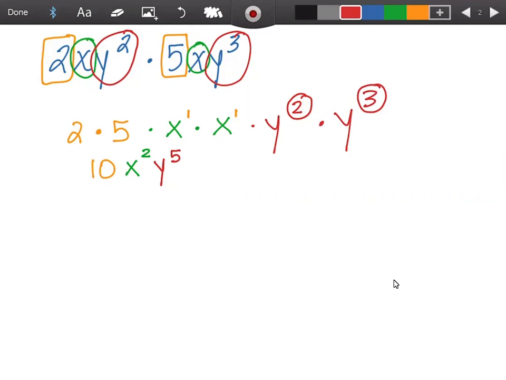And then y to the second power times y to the third power, I kept the variable y and added 2 plus 3, which is equal to 5, which gave me 10x squared y to the fifth power. That is the answer.